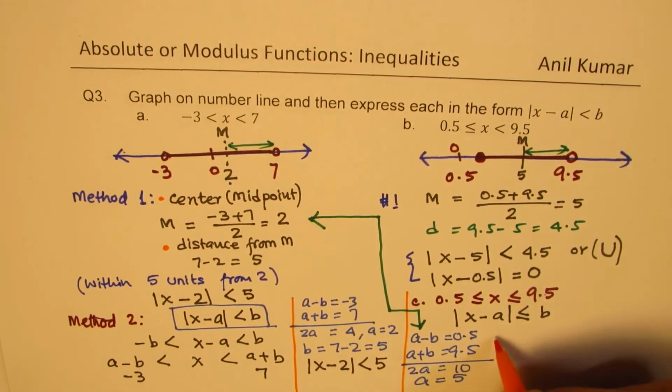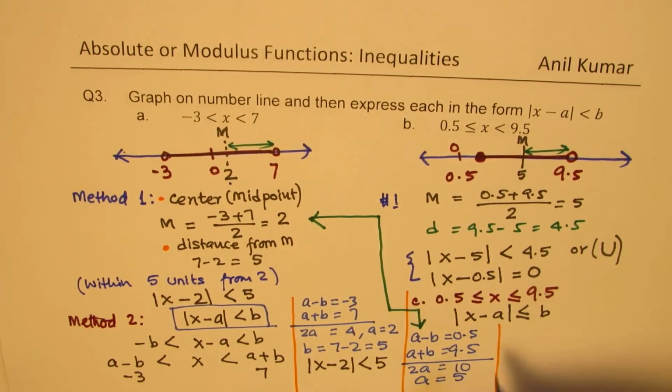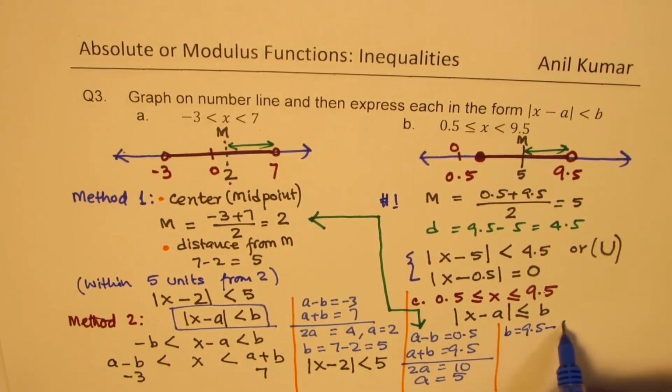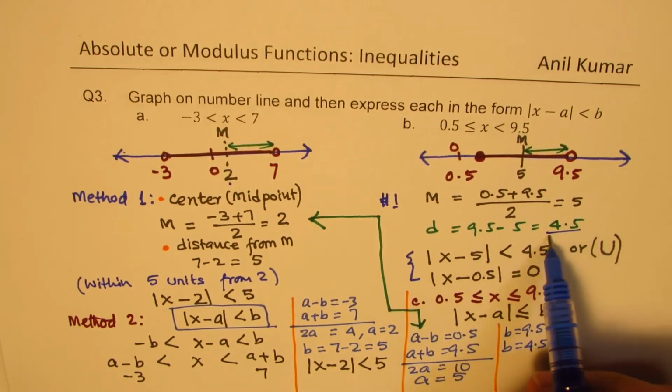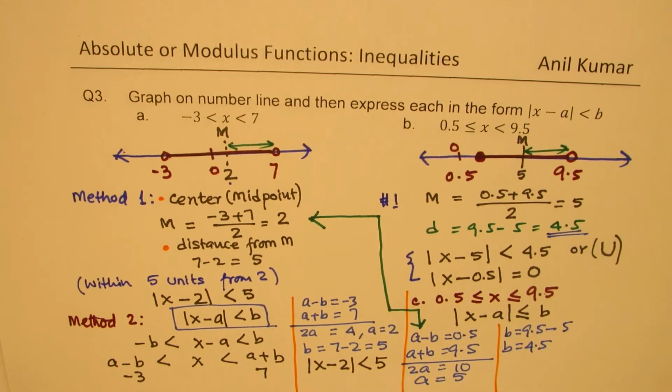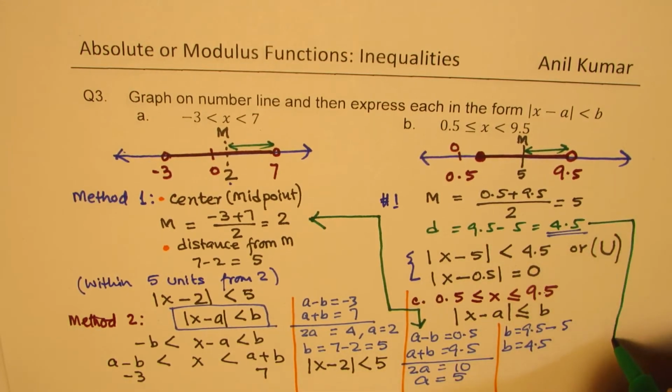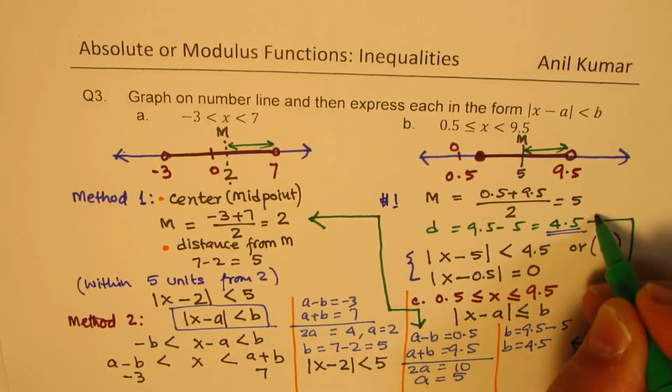So we could also write that b is 9.5 minus a, which is 5, so b is 4.5. Is that clear to you? So we get both the values of a and b, and 4.5 is basically the distance d which you found here. So let me correlate them so that you understand both the methods very clearly.